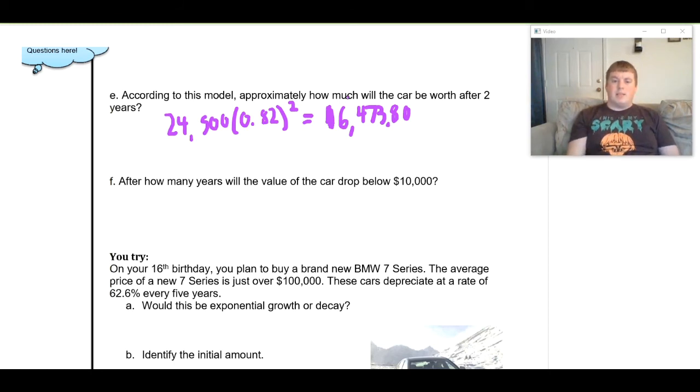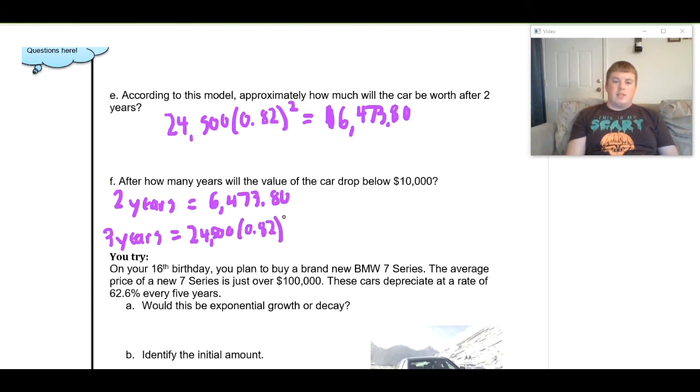So we want to know, after how many years will the value of the car drop below $10,000? So we already have a baseline of 2 years from our last problem. At 2 years, it's going to be $16,473.80. The next thing we would want to do is, let's just go ahead and try 3 years. So for 3 years, we would use the exact same formula that we used above, and we would put the 0.82.